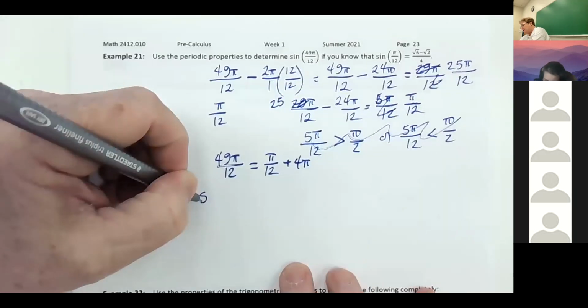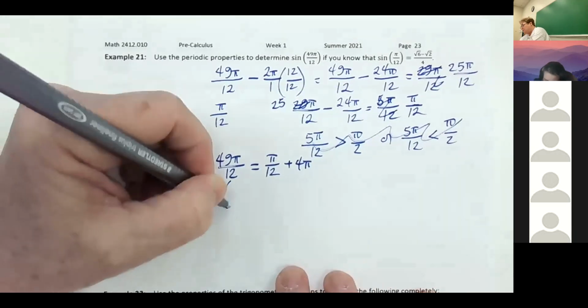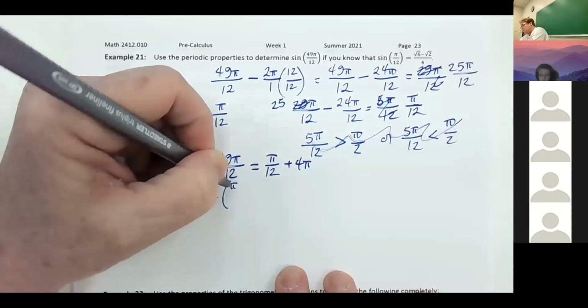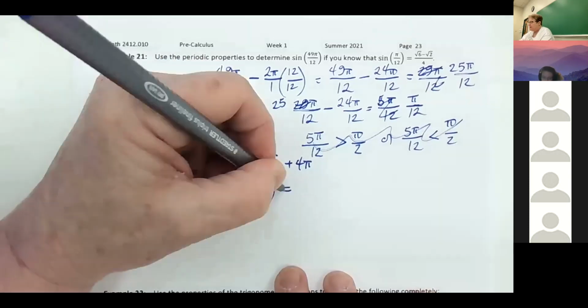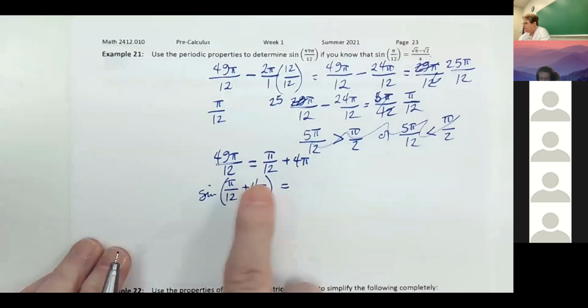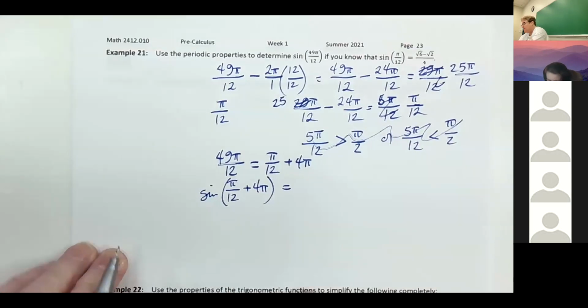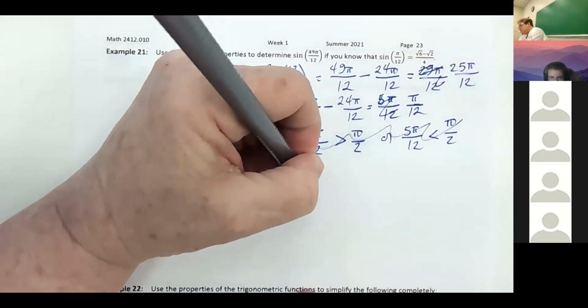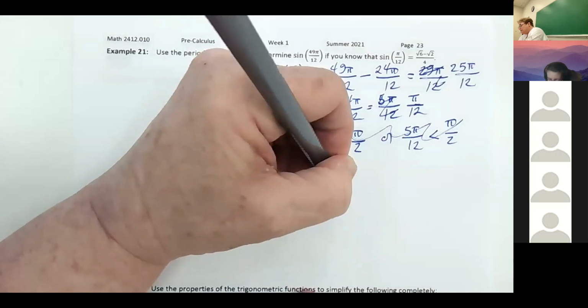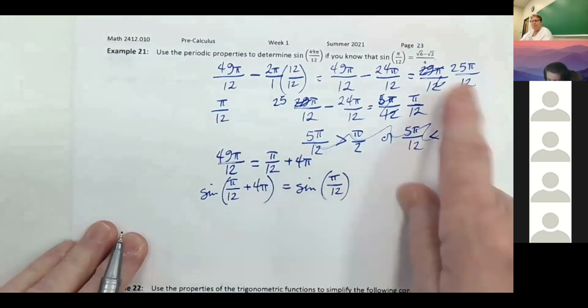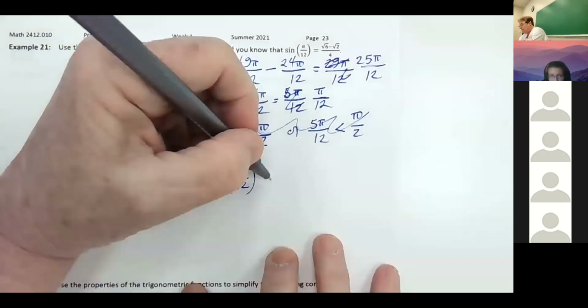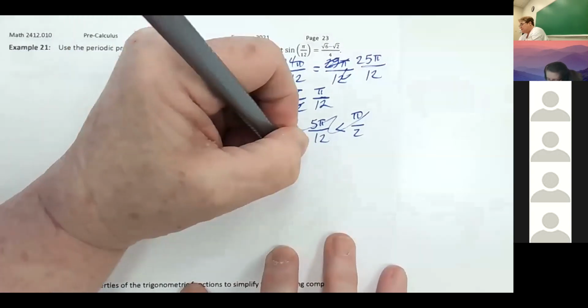We've got the sine of pi over 12 plus 4 pi. What does the periodic nature of sine say that we can remove? Good. So that's equal to the sine of pi over 12, and we know the sine of pi over 12. Square root of 6 minus square root of 2, all divided by 4.